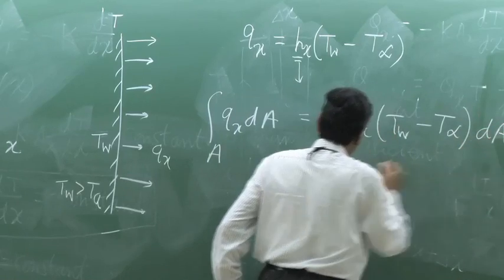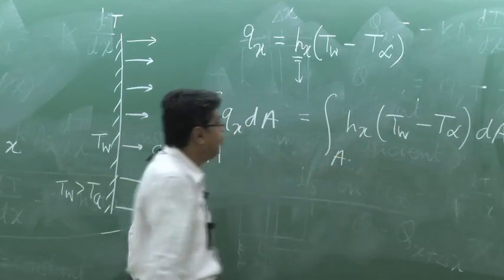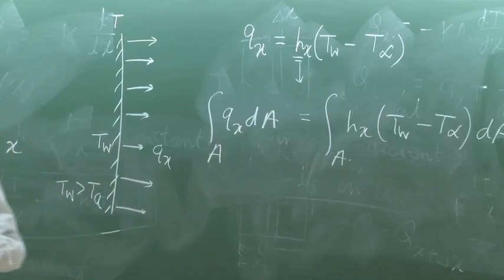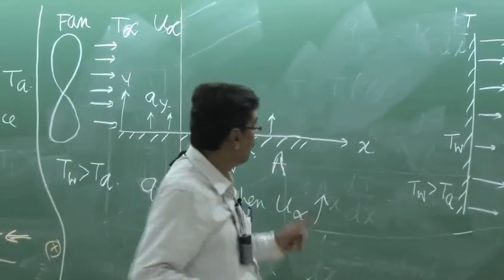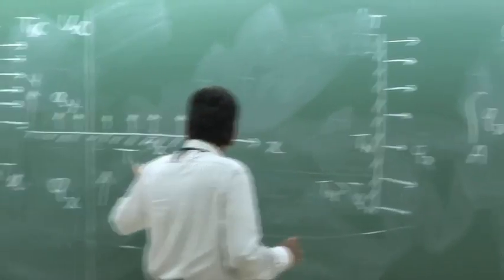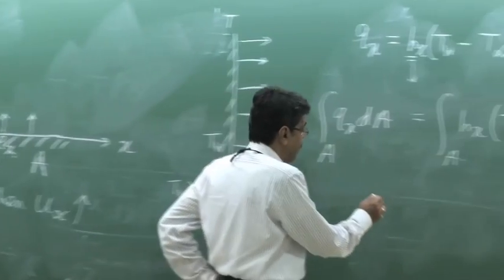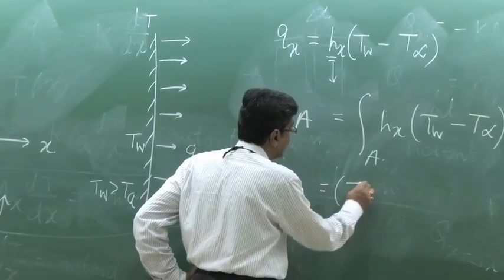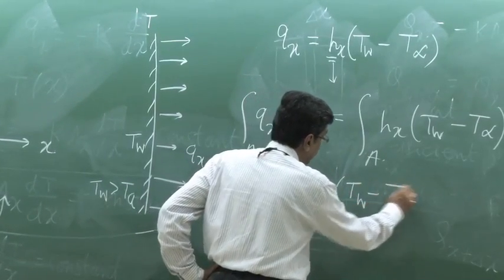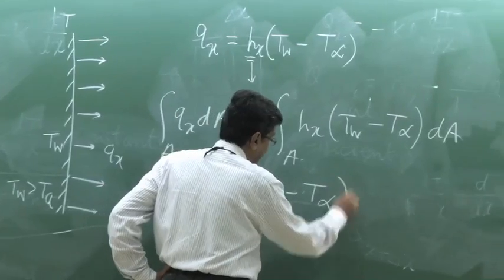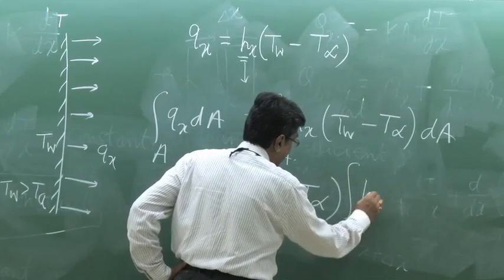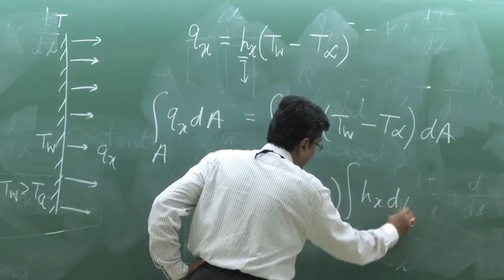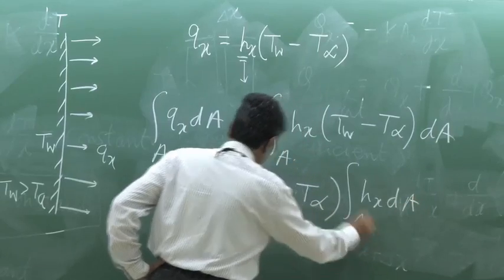That means now this becomes a mathematical task if I know the variation of all these quantities with area. Now for this case of constant wall temperature and free stream temperature, this is equal to (Tw minus T infinity) times the integral of Hx dA over the area A.